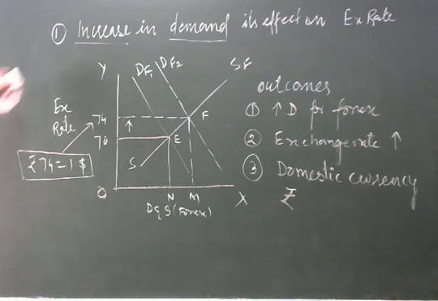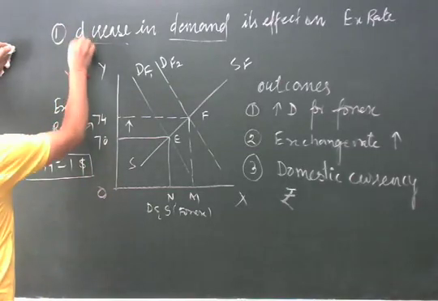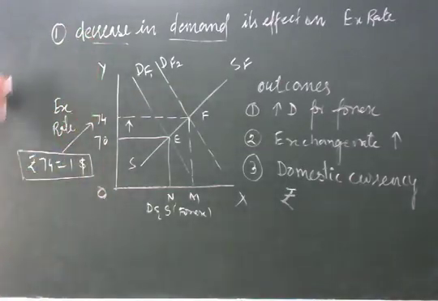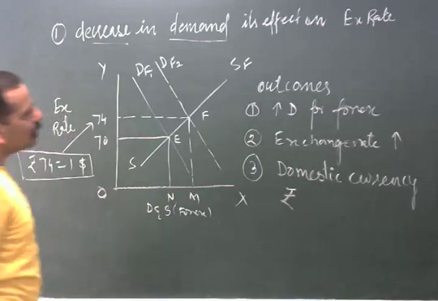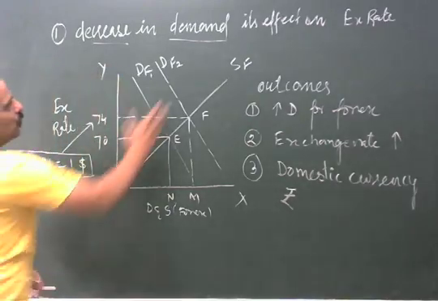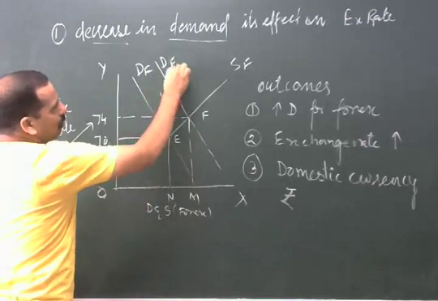Now let us take a decrease in the demand for foreign currency. Let me set this up. Let this be the initial demand curve.